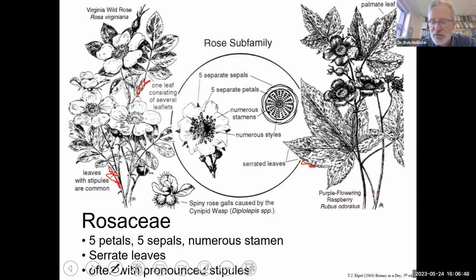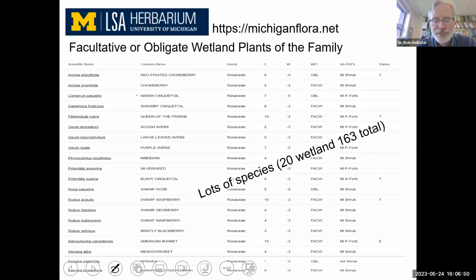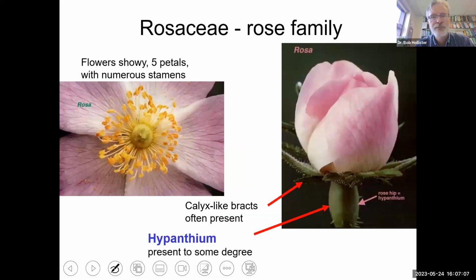Legumes oftentimes do, roses too. There's a lot of species, like 163 species, and 20 of those occur in wetlands. So they're quite common. So it's a really important family to know.